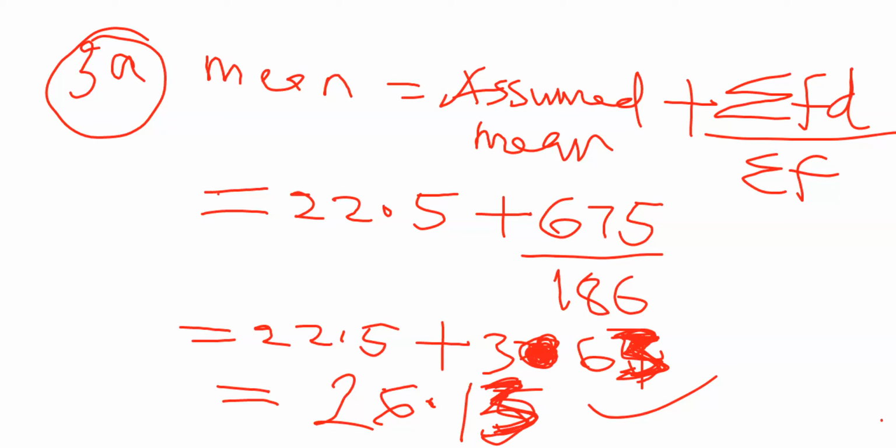Question 3B says compute the coefficient of variance of the daily sales volume. If you have forgotten, let's remind you.